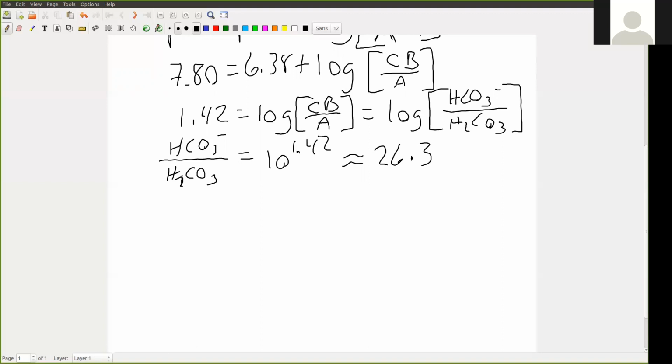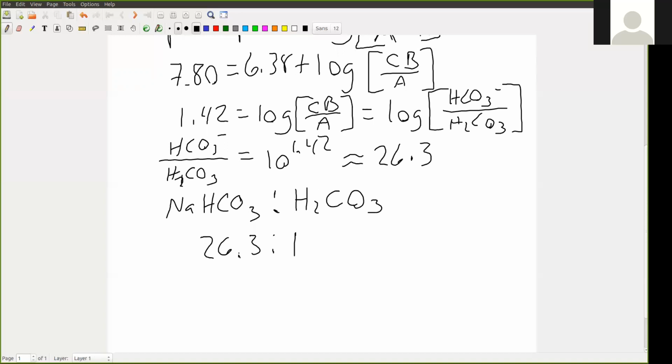So our ratio between, let's say, sodium HCO3 to H2CO3 would be 26.3 to 1, which means that for every 1 mole of H2CO3, you would want 26.3 moles of NaHCO3.